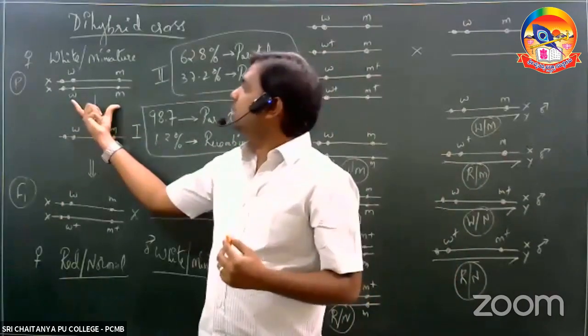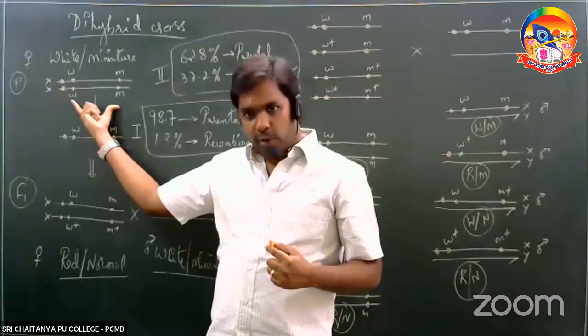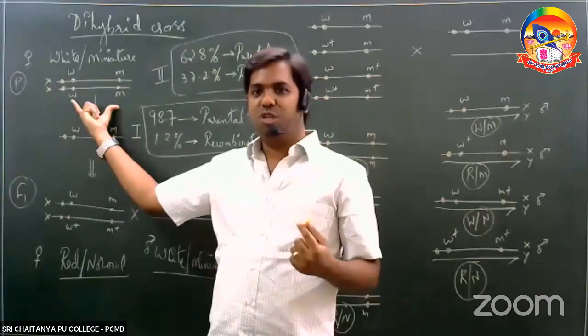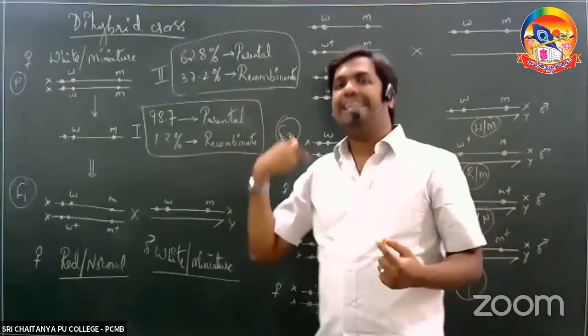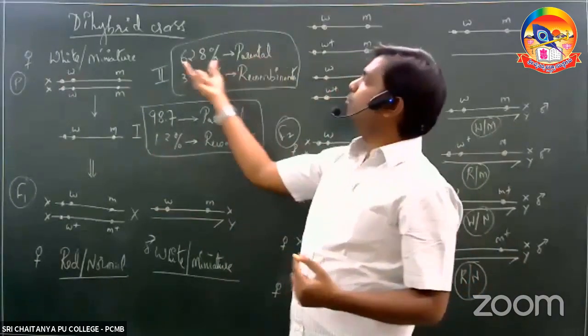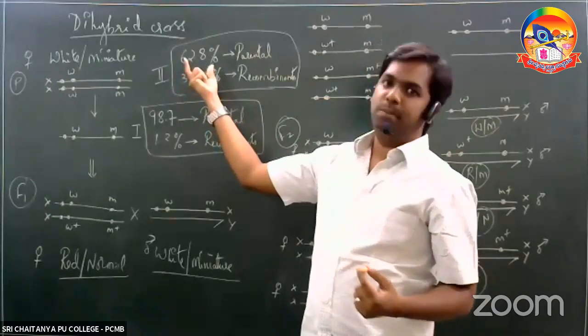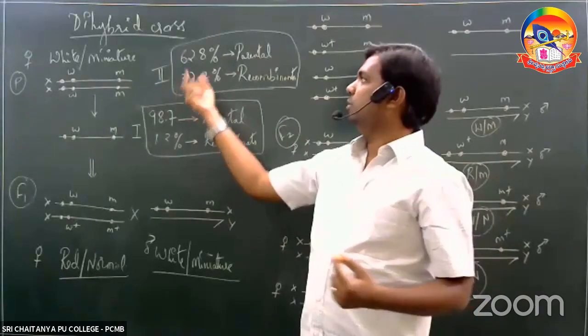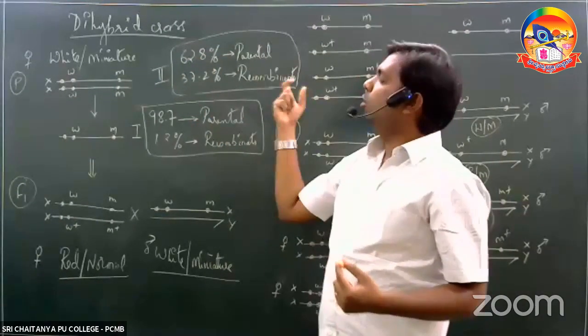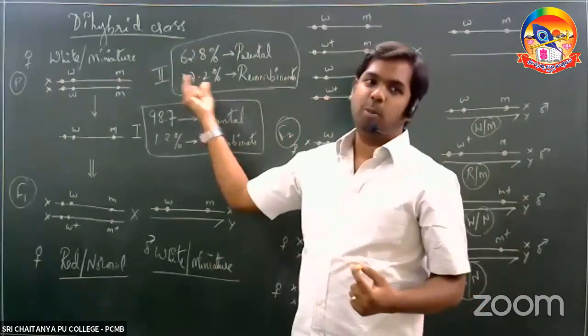Whereas if the distance between the two genes is more, the number of recombinants would start increasing. So the parental types obtained were only 62.8%, and the recombinants obtained were 37.2%.